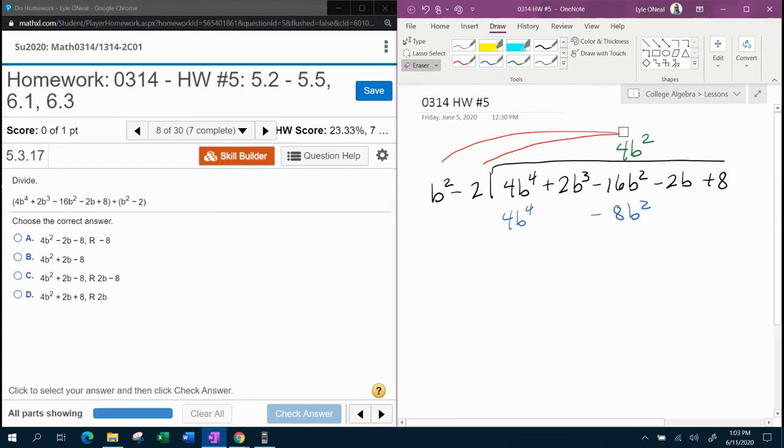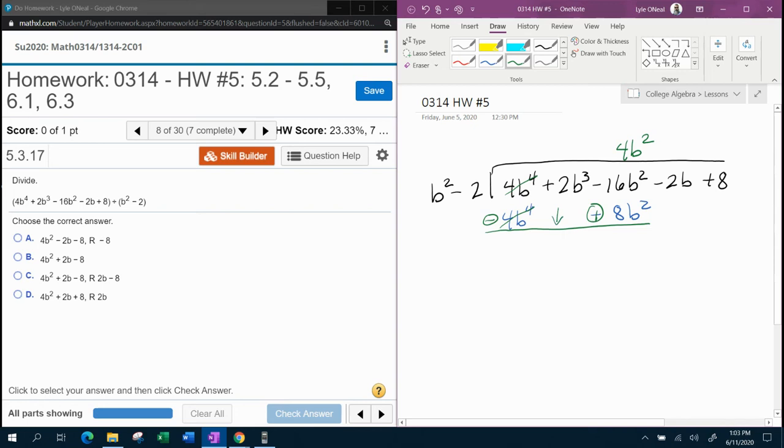So once we do the distributive property, the next step says draw the line, change the sign. That's because we have to subtract, and the subtraction applies to both of those terms, okay? So how does that go again? Draw the line, change the sign, and then combine. 4b to the 4th minus 4b to the 4th, those cancel.